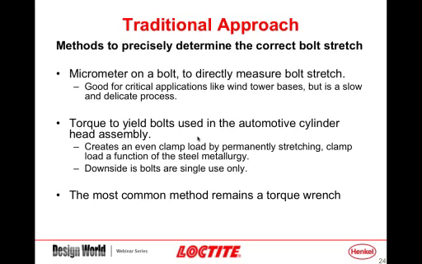There are also certain types of bolts designed to yield when they achieve their clamp load. These, again, are more of a specialty or niche solution. In most cases, a torque wrench is used for applying the appropriate clamp load. And so what we want to go into is two lab studies that we did just to show the effects of different variables on the generation of clamp load.